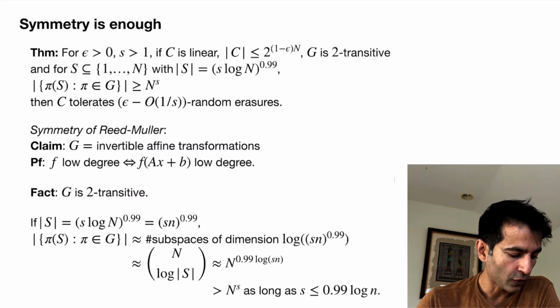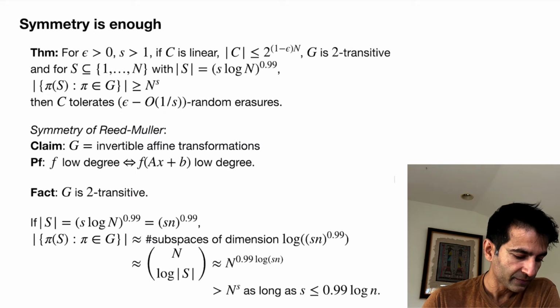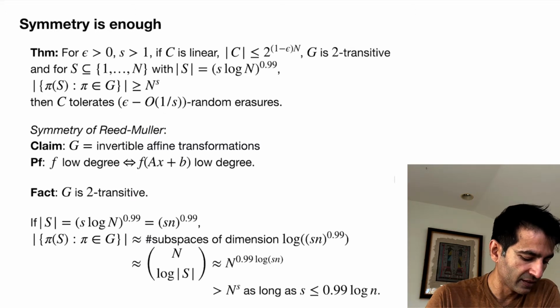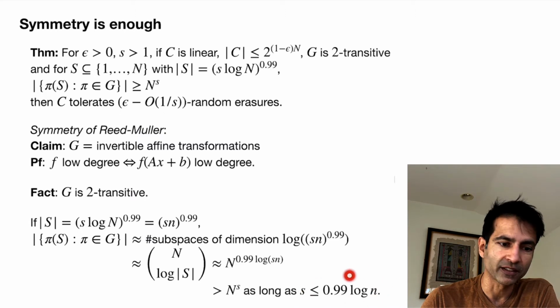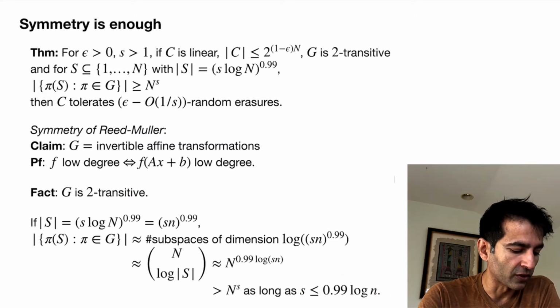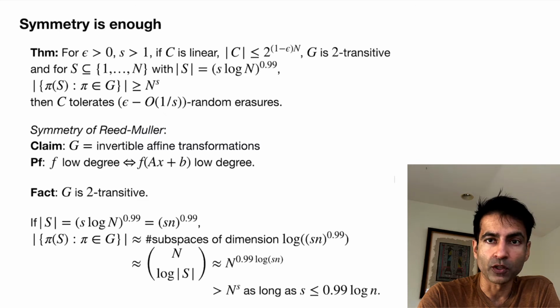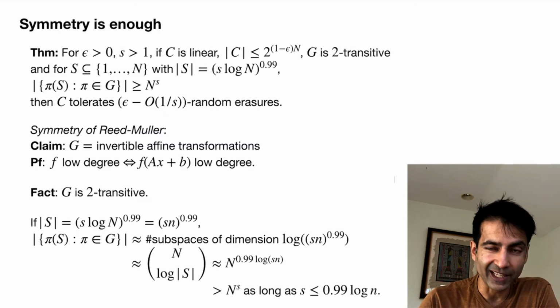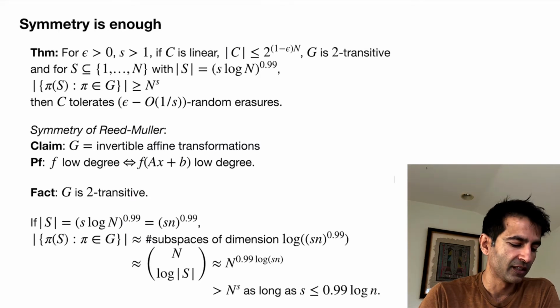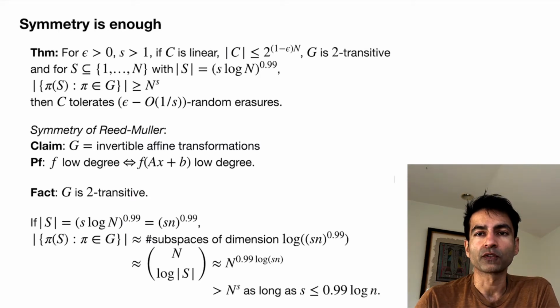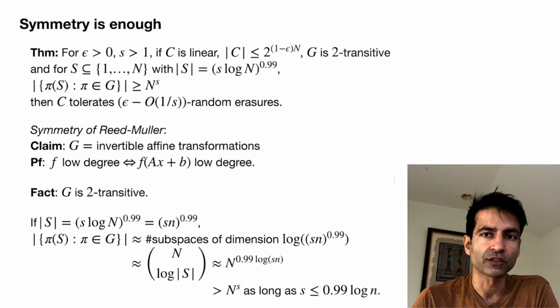Okay, so for Reed-Muller codes, you can set s to be this large, which will show that the code will tolerate epsilon minus order 1 over log of little n fraction of errors, which corresponds to epsilon minus order 1 over log of big N fraction of errors.